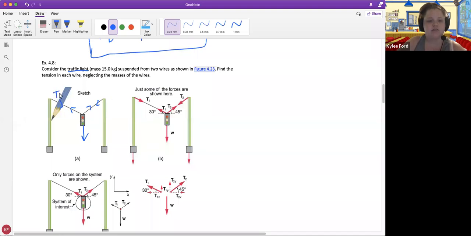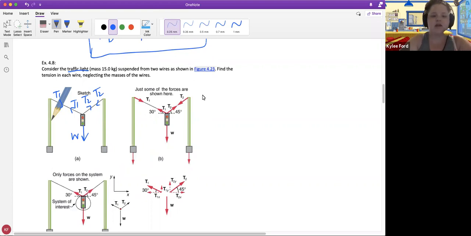So I will have some tension T1 on this side, and some tension T2 on this side, and again my weight due to gravity. That's going to be pulling in my Y direction.